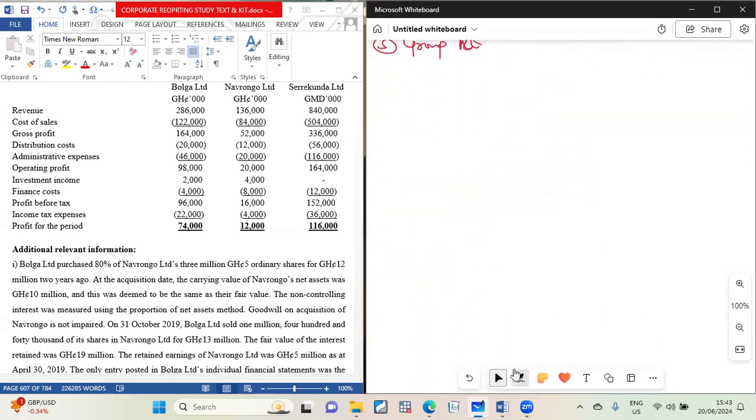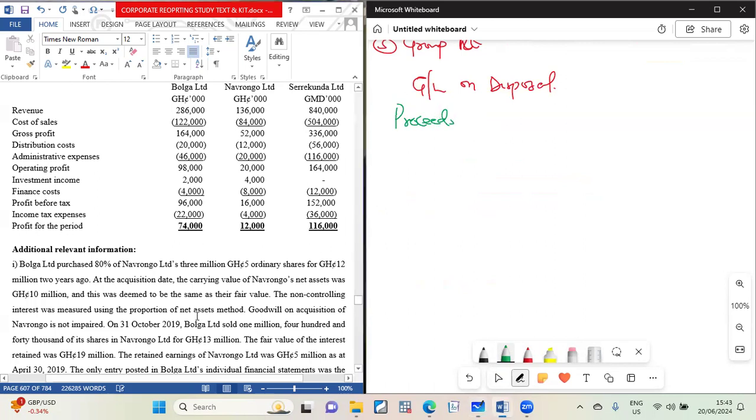So let's do gain or loss on disposal. And you remember how we used to do it? You need the proceeds, right? And in this one, how much is the proceeds? They sold it for 13 million. Since we are doing everything in 3 zeros, let's write 13 million.